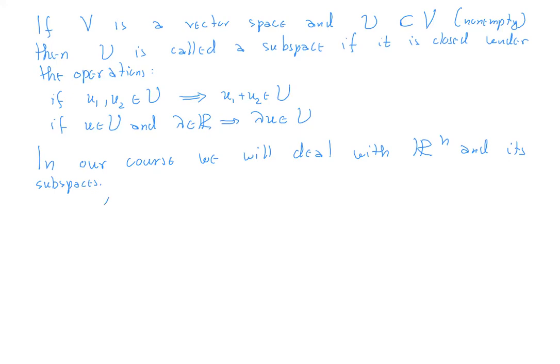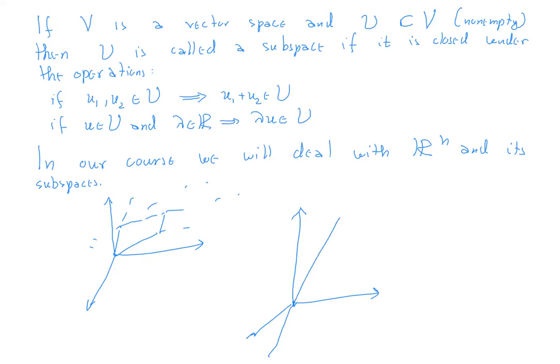So for example, geometrically speaking, a subspace in R3 is going to be either the whole thing, or a plane that goes through the origin, or a line that goes through the origin, or the subspace consisting only of the vector 0.